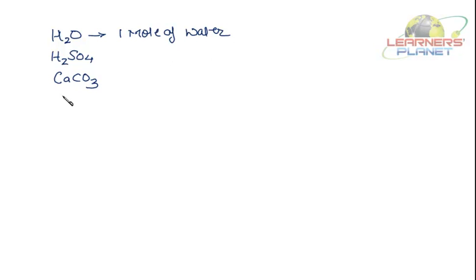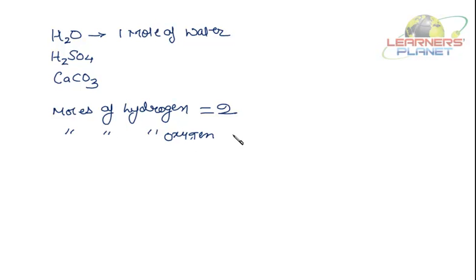Now this 1 mole of water contains how many moles of hydrogen atoms? There are 2 moles of hydrogen atoms. Right? Now the number of moles of oxygen atoms is equal to 1.